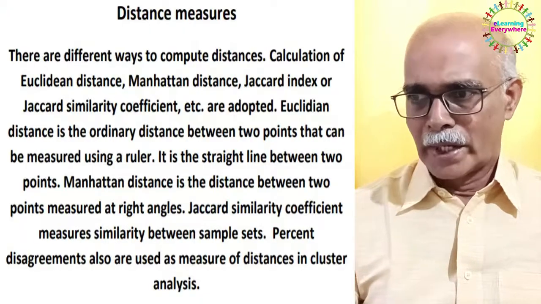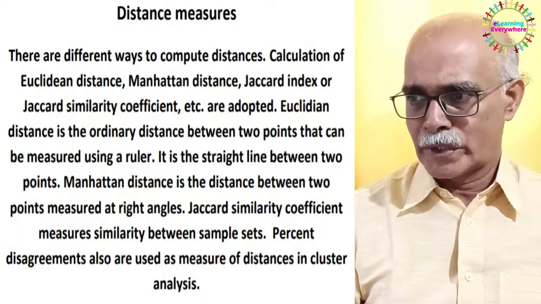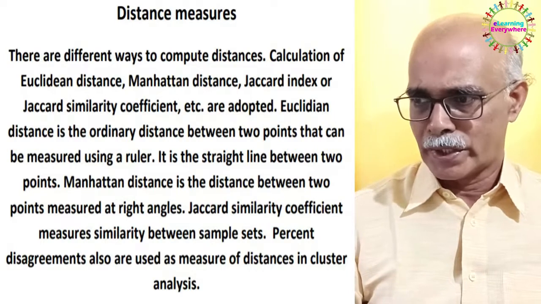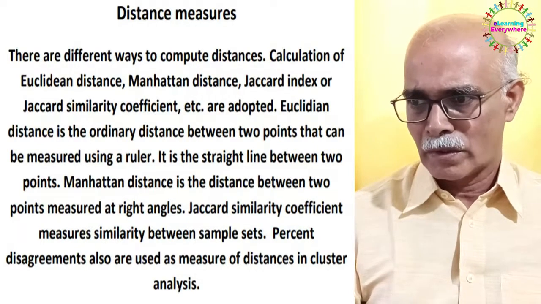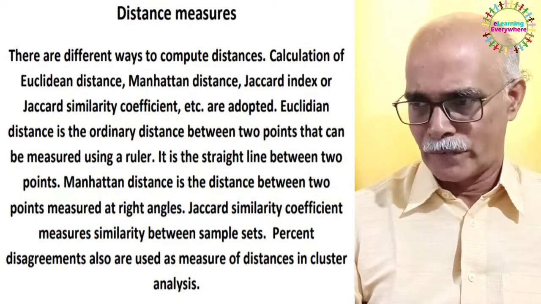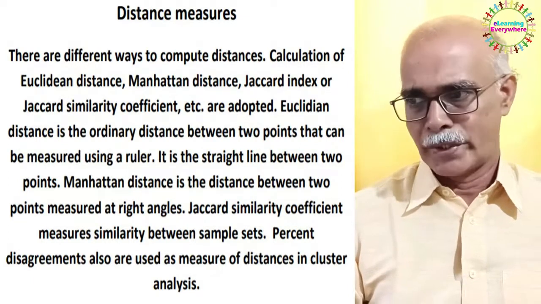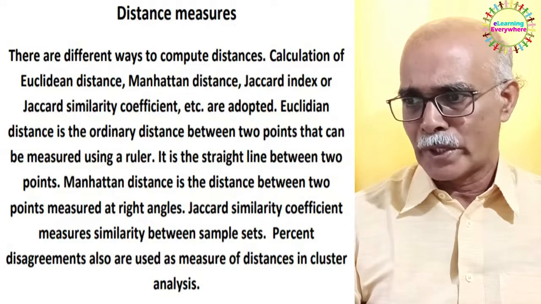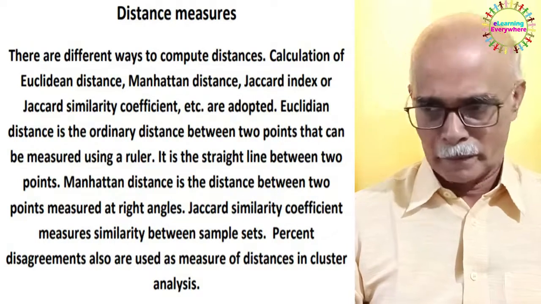You have to use appropriate distance measures in cluster analysis. And there are different ways to compute the distances. Calculation of Euclidean distance, Manhattan distance, Jaccard index or Jaccard similarity coefficient, etc. are adopted. Euclidean distance is the ordinary distance between the 2 points that can be measured using a ruler.